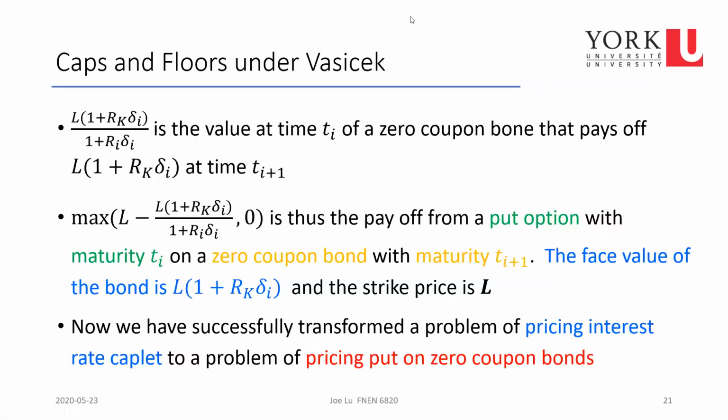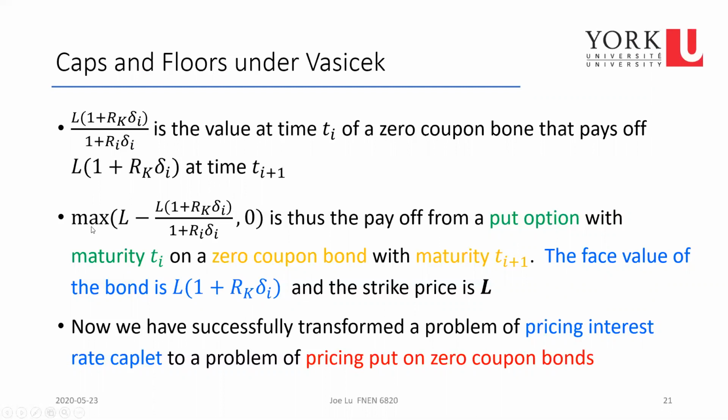Well, so this thing is really the time Ti value of a zero coupon bond that pays off this part at Ti+1, right? So this is the discounting, right?